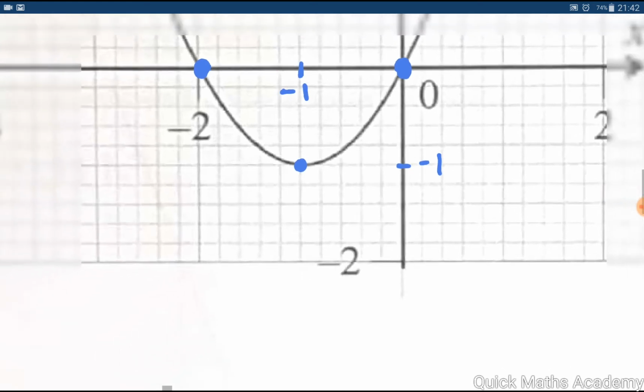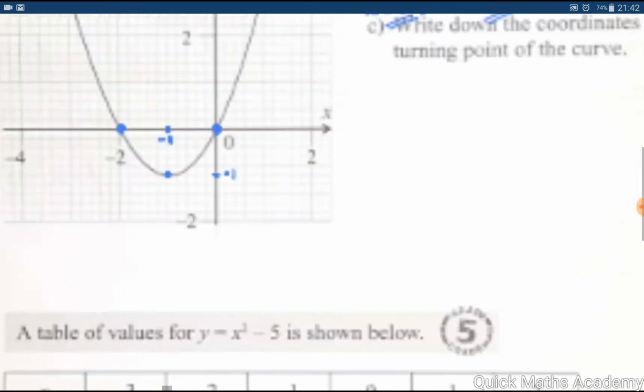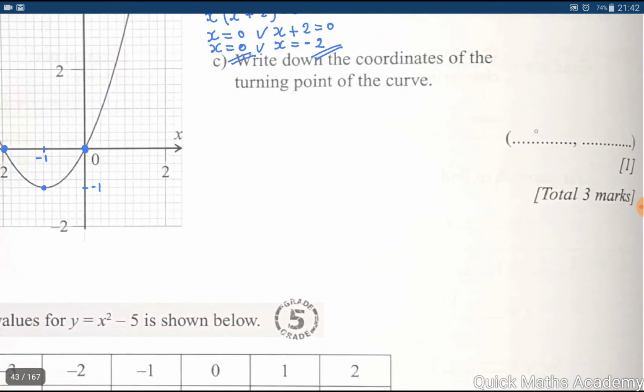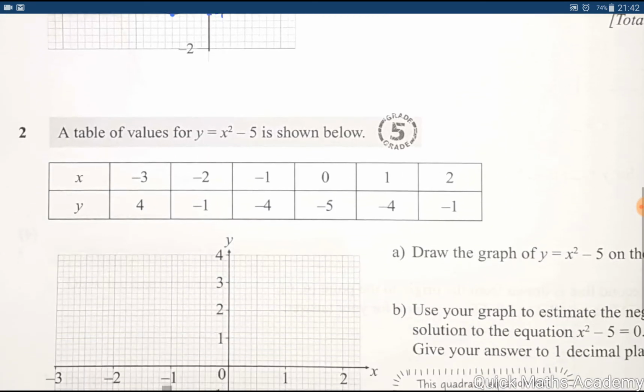So the coordinates of my turning point are what? x is -1, and y is -1. So it's (-1, -1). And there you have your coordinates. Next, number 2.